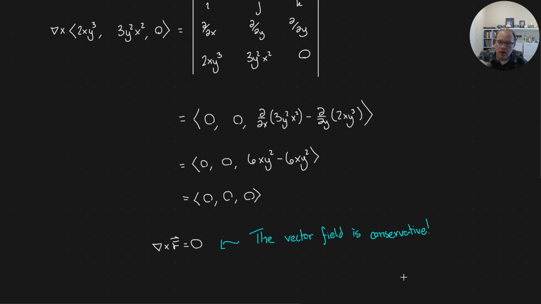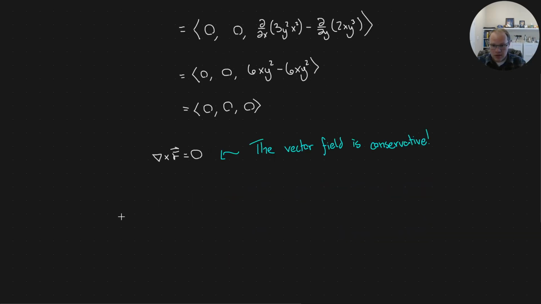Okay? Because it is conservative, that means we can write our vector field F as the gradient of some other function, little f, some scalar function.